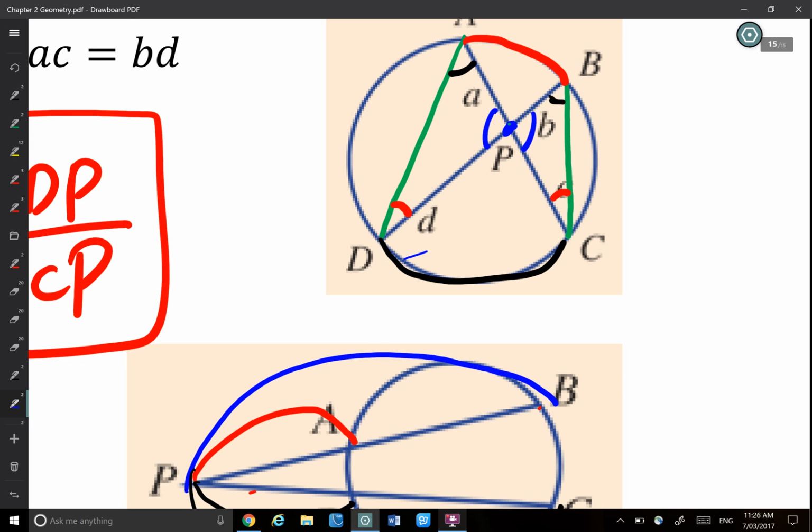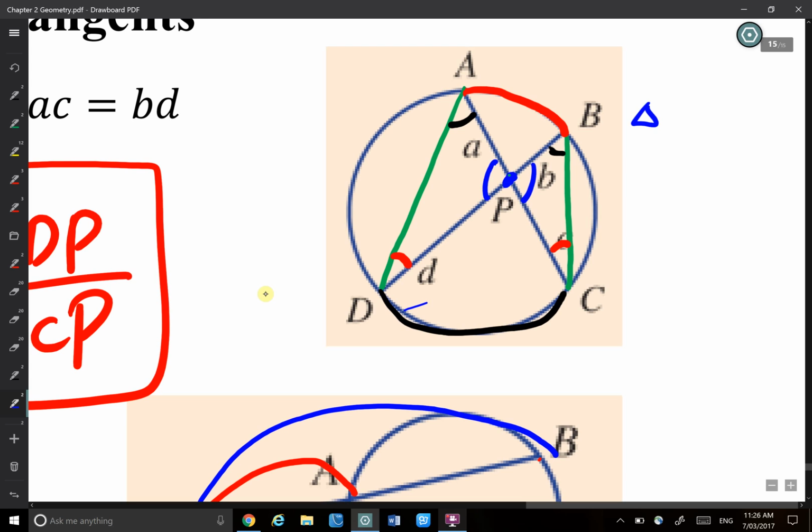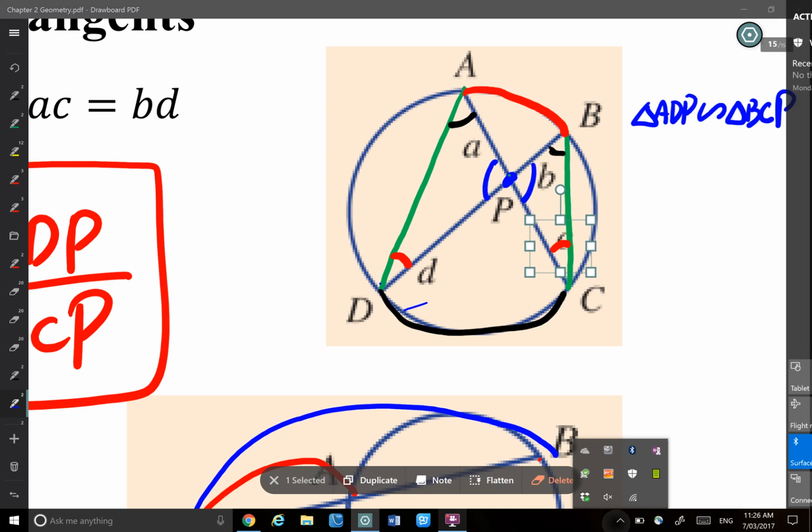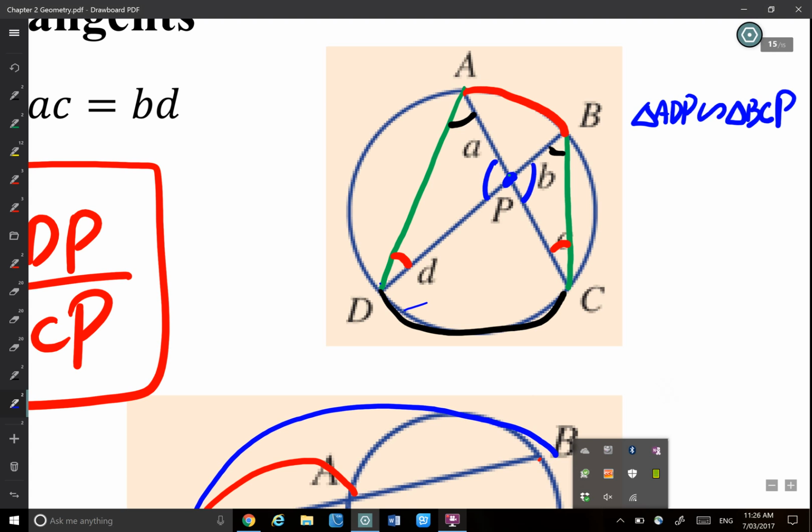Okay, triangle ADP is similar to triangle, A is corresponding to B, so I have B. D is corresponding to C, so it's BCP. Okay, those triangles must be similar.